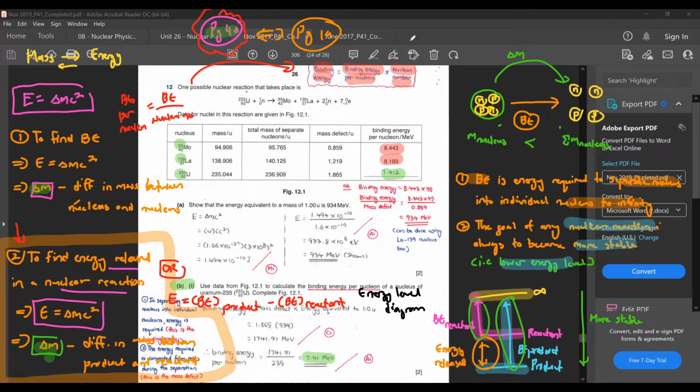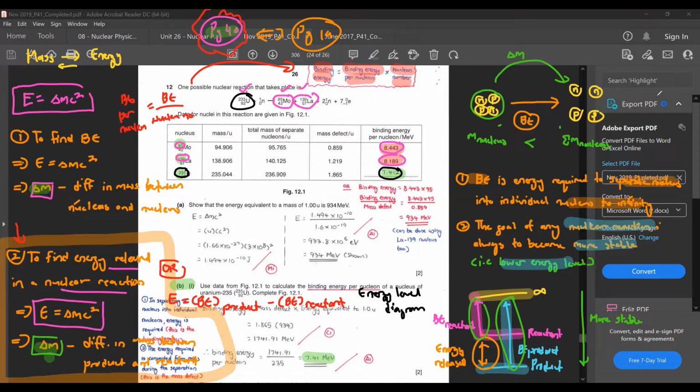Let's say for uranium, I will take 235 multiplied with 7.412. That will be the BE of the uranium. For molybdenum, I will take 95 multiplied with 8.443. For lanthanum, I will take 139 multiplied with 8.189. These three, you can find the BE.